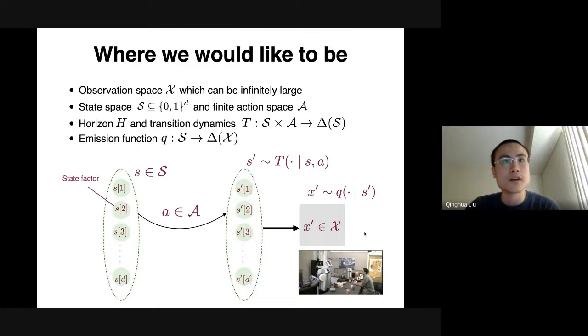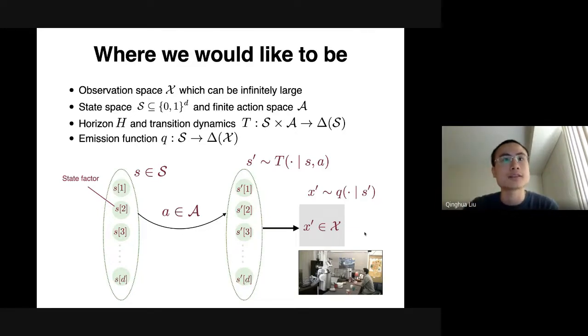So this emission function is from the latent state space to the simplex over the observation space. In this setting, there are several challenges.